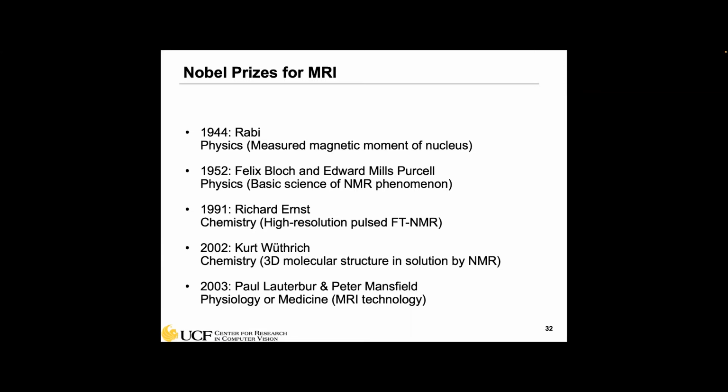Okay, so because of these unprecedentedly clear images of the internal structure of the body, it really helps in medicine, making very clear diagnosis of pathology and very accurate or early treatment for the patient.